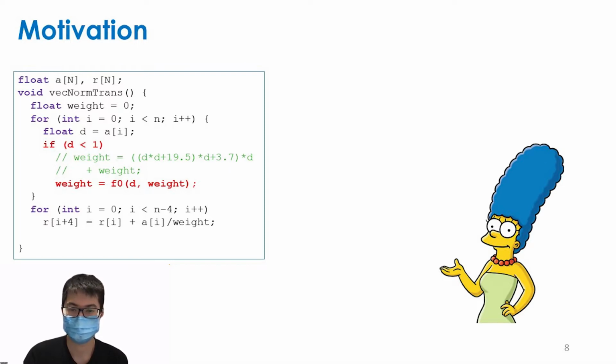We could statically schedule the self-update statement as a static island. The second loop has a memory dependence in an array R. However, the dependence distance is always 4, which means that we can statically schedule the loop pretty well. So the whole second loop can be a static island.